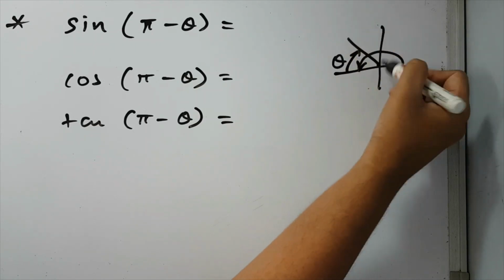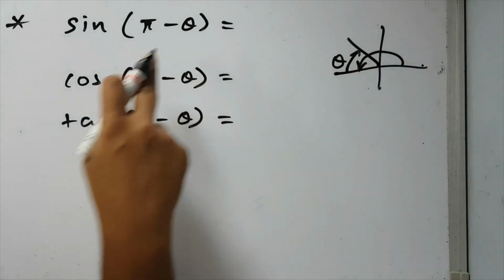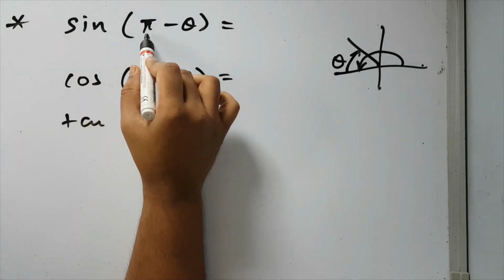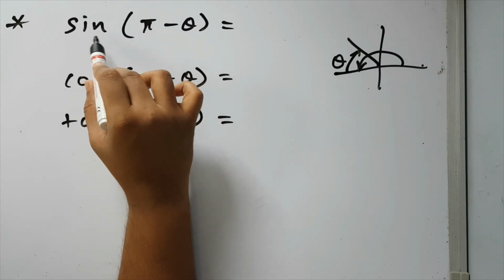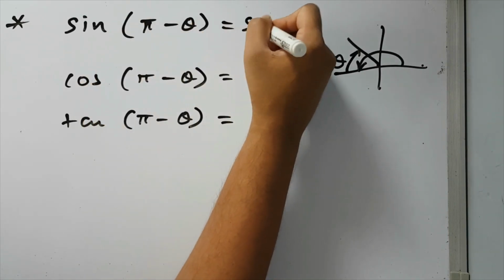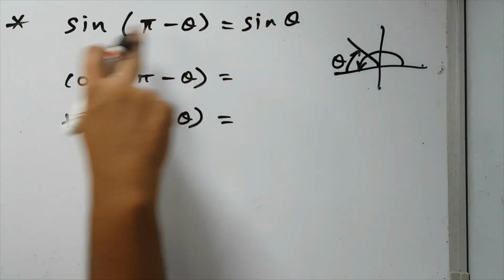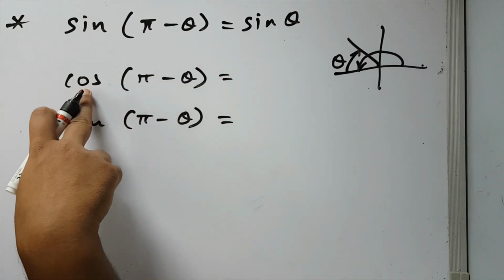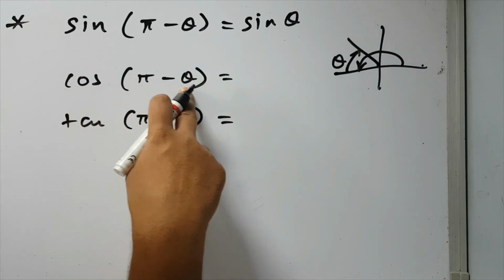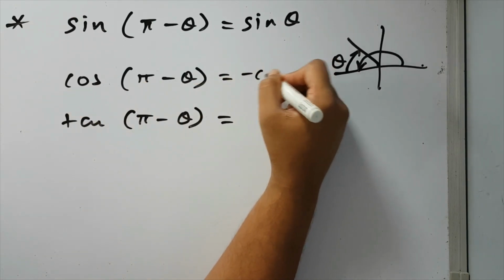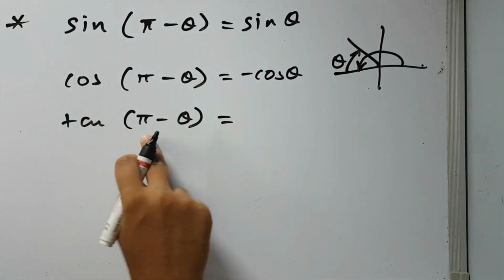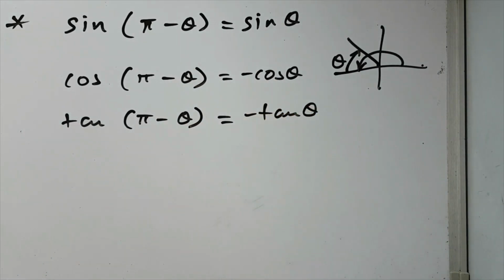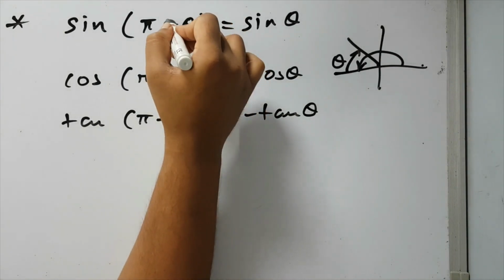In the second quadrant, sine is positive, cos and tan are negative. Since you have written in terms of 180, you don't have to change the function. So sine of pi minus theta would be sine theta, positive. Similarly, cos of pi minus theta would be minus cos theta, and tan of pi minus theta would be minus tan theta. Alright, now what's the next type?